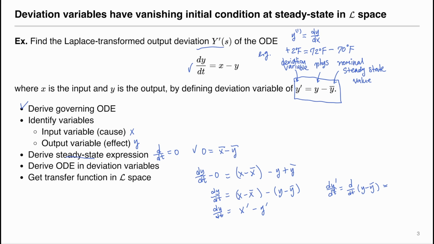So that is just dy/dt minus 0. So the derivative of the deviation variable is the same as the derivative of the original value. So you can further write that as dy prime/dt equals x prime minus y prime. This is the deviation variable form.